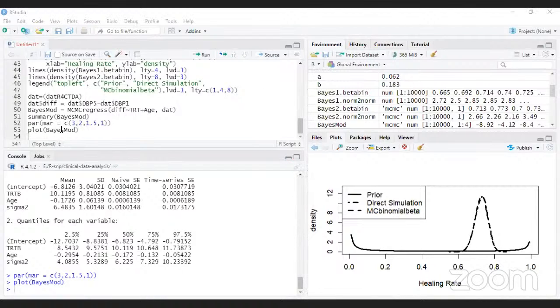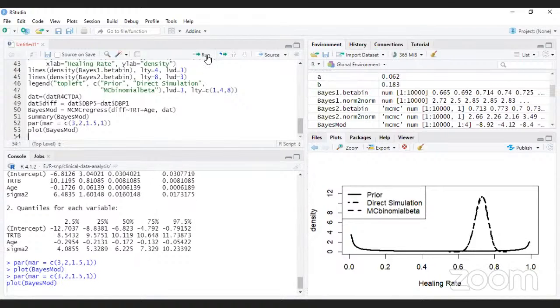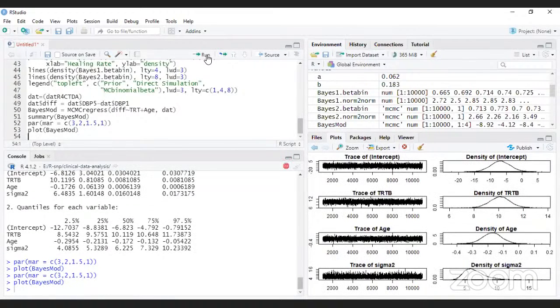The plot did not come. So everybody got this plot? Okay.